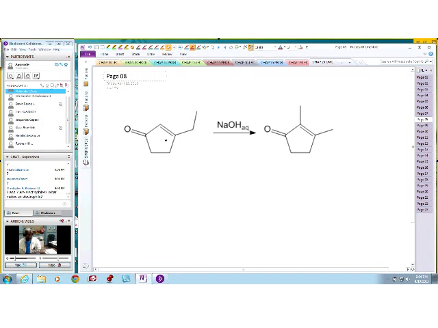In this molecule here, what they want us to do is to provide the mechanism for the transformation.